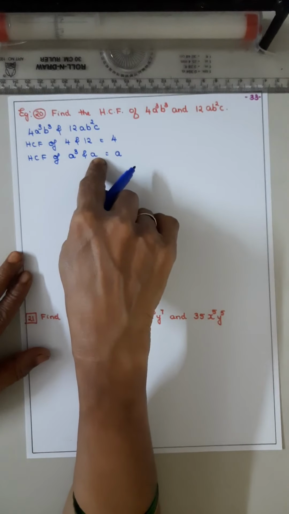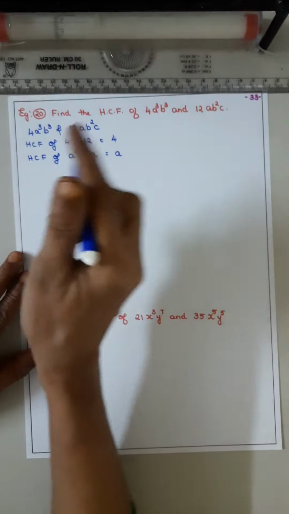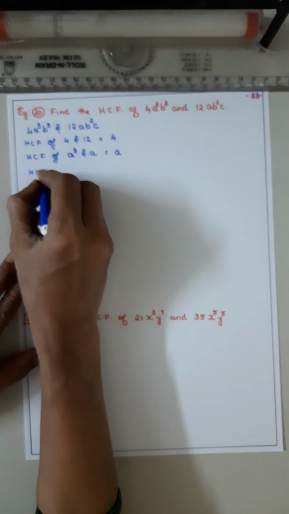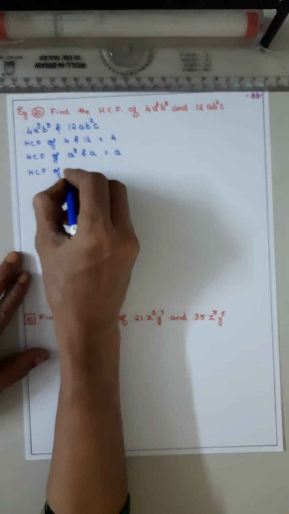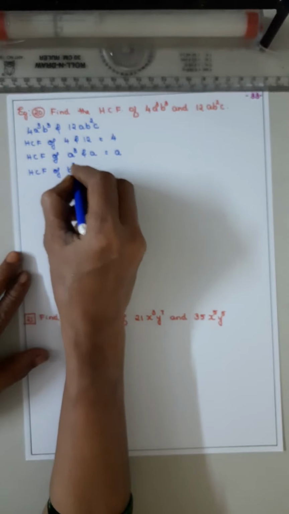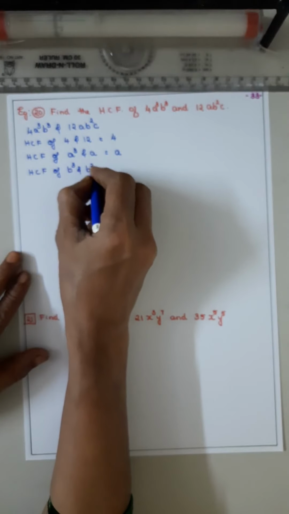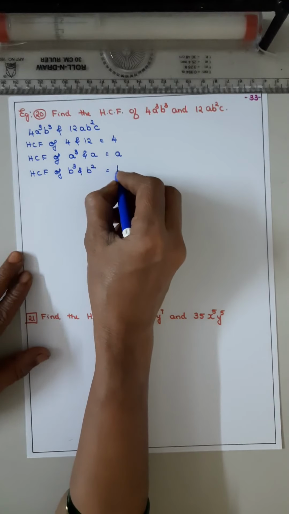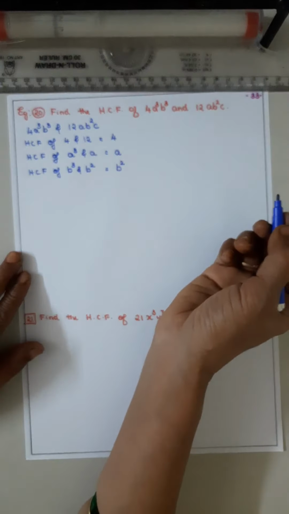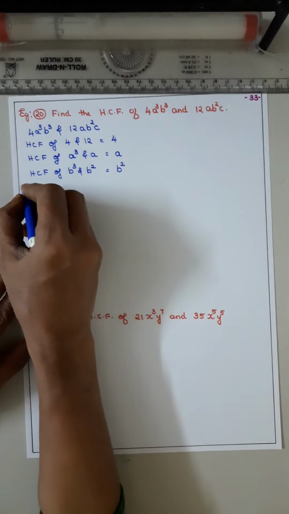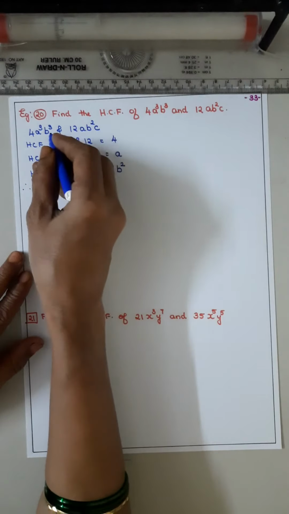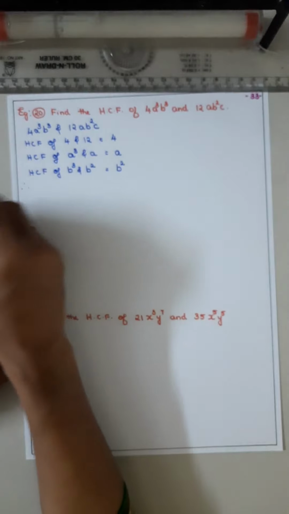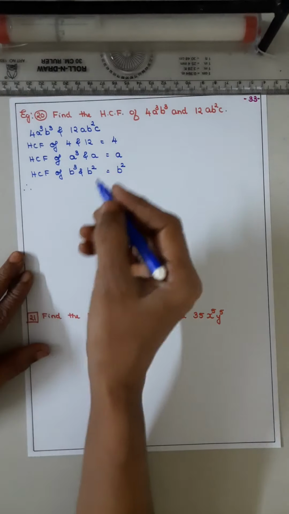Small one power, that is the HCF. Now HCF of b cube and b square. दोनों में HCF क्या है? b square. Therefore c के लिए इधर c है, इधर नहीं है. So we can't take. There is no common at all. Okay.